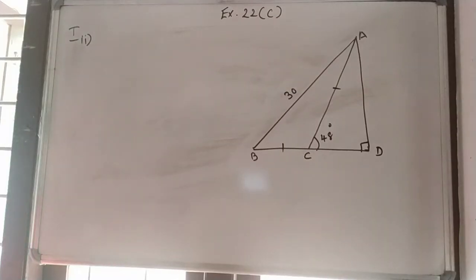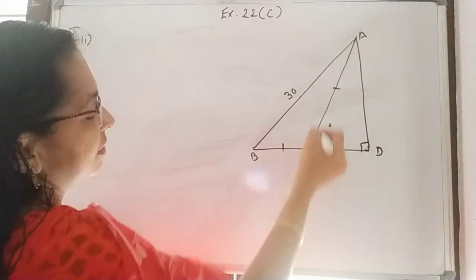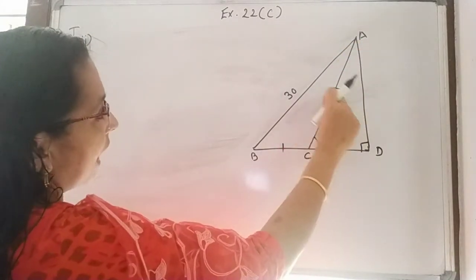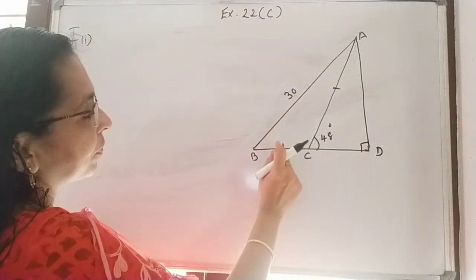Second question, here also we have to find AD. Given BC is equal to AC. Since BC is equal to AC, angles opposite to those sides will be equal.